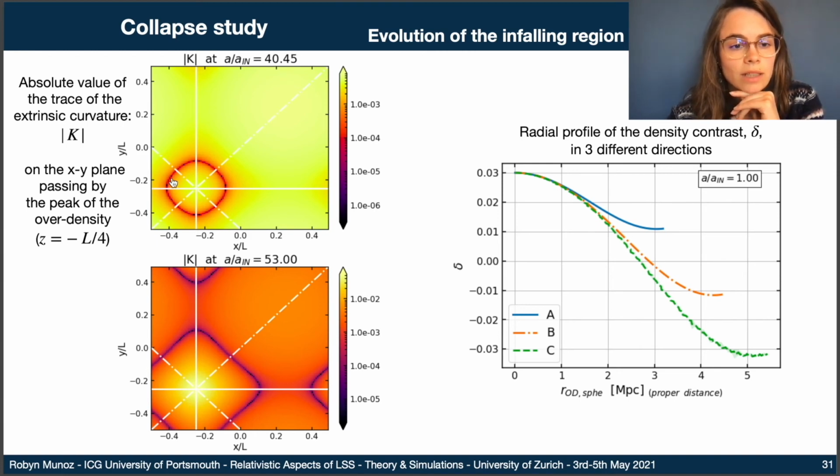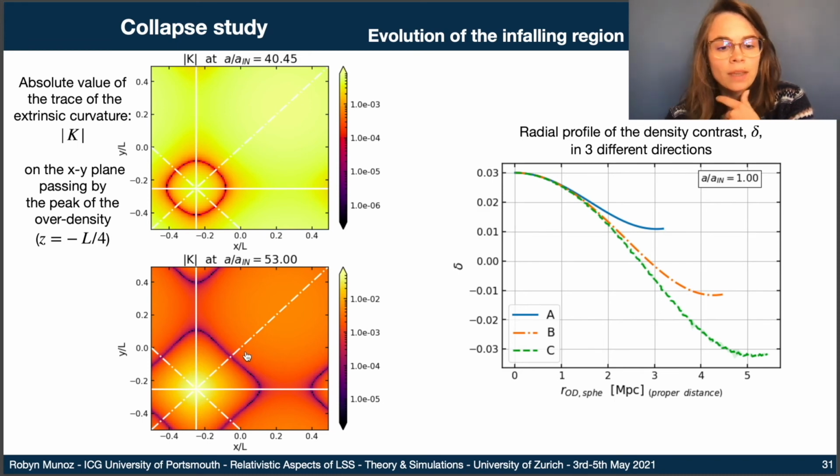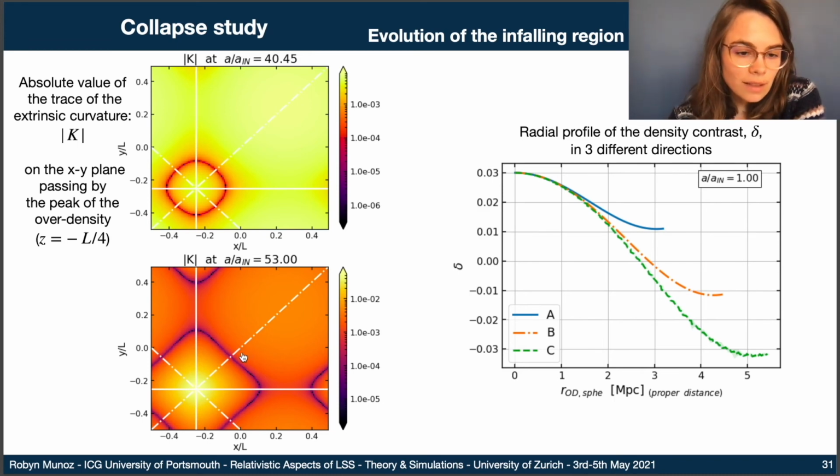And so initially this seems quite spherical, but when you look at it at a later time, you see that it is not spherical. It has a distinct shape where the direction you're looking in does matter. So let's consider this radius that we're calling the turnaround radius, depending on the direction we're looking at.